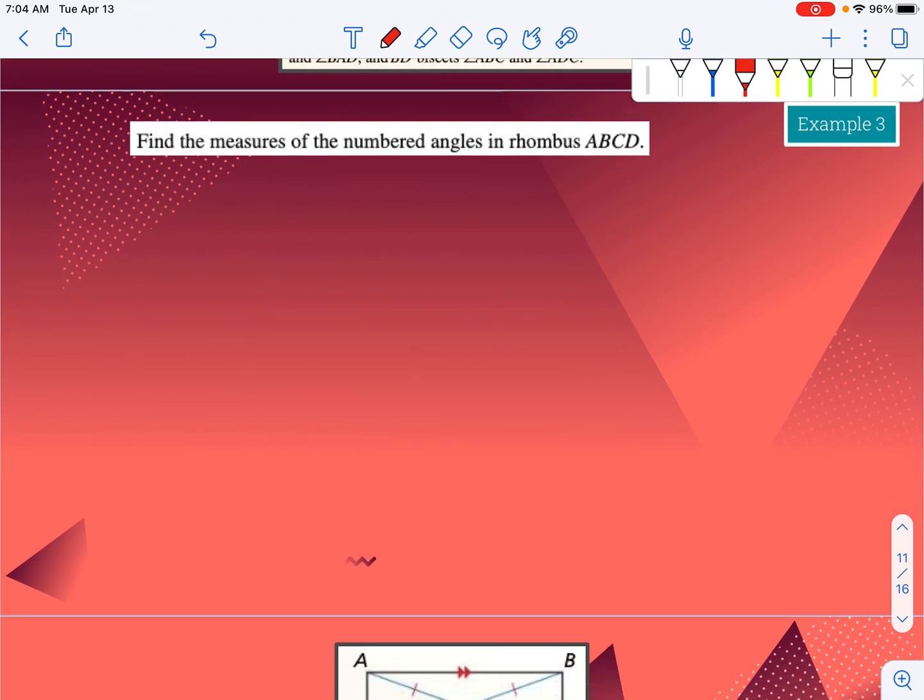So find the measures of the numbered angles in rhombus ABCD. It looks like I forgot to put the picture in. So let me see if I can find it. So here's what it looks like.